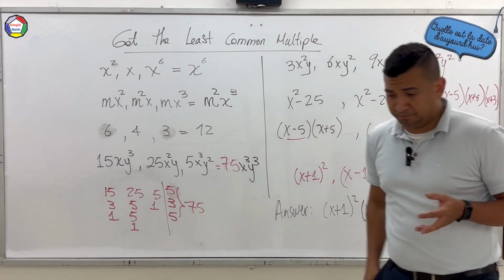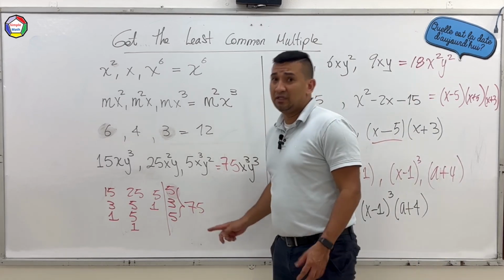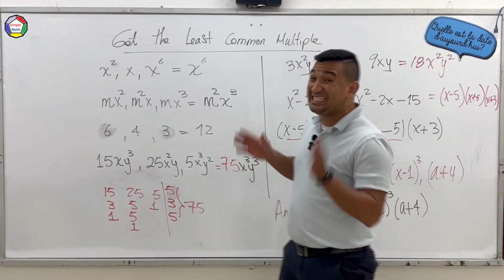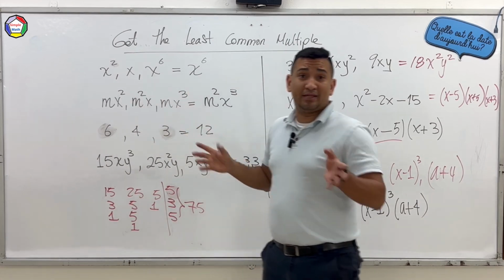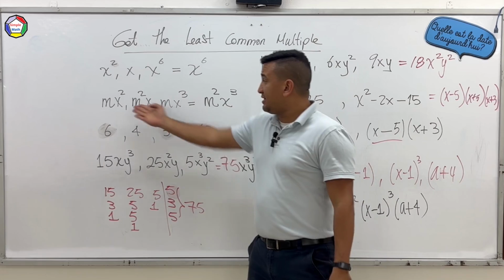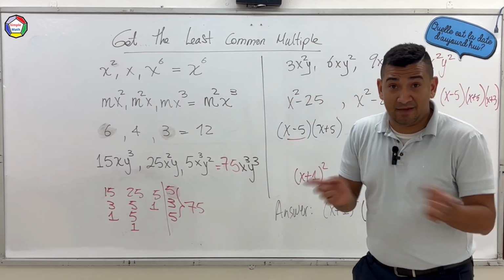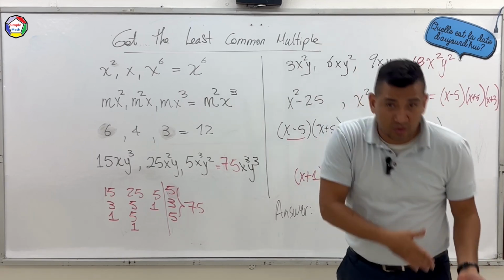As a conclusion, for the least common multiple of numbers, this is the process we follow. For the same letter that is repeated, we choose the letter with the highest exponent. If the variable is not repeated, we also include it.